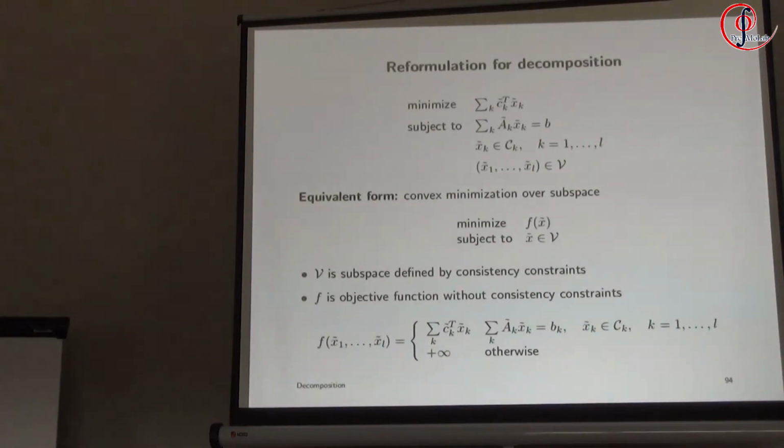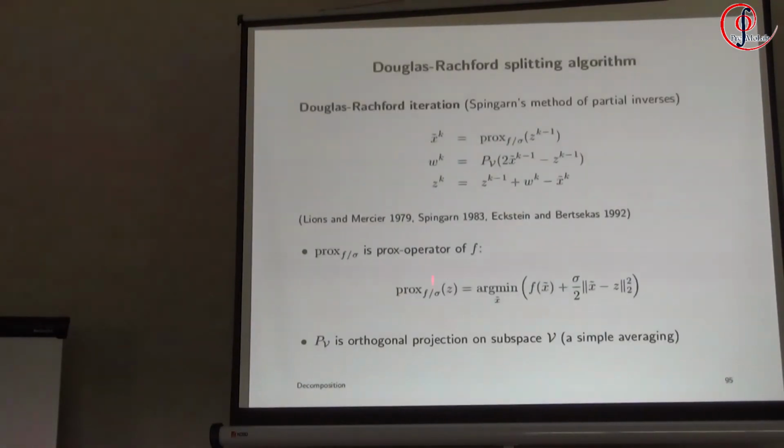To project a set of vectors that are not in the subspace onto it, you just have to take the average. For each variable that appears multiple times in these subvectors, we take the average and replace each of these multiple copies by their average, and that's projection on the subspace. So that's a very cheap operation.